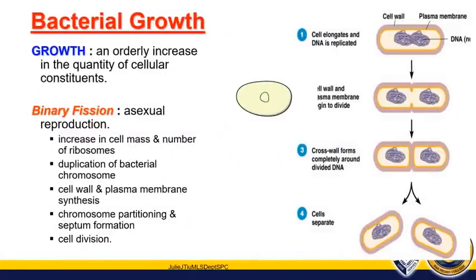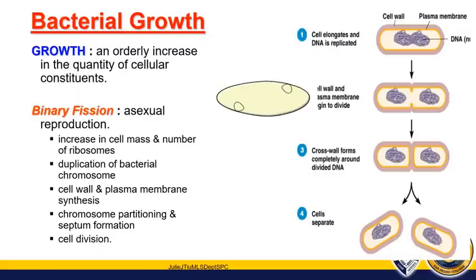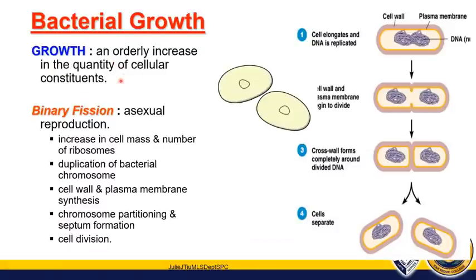So we've been talking about bacterial growth, but bacterial growth here means not in the context of size, but more in the context of number. But growth may also mean an orderly increase in the quantity of cellular constituents.